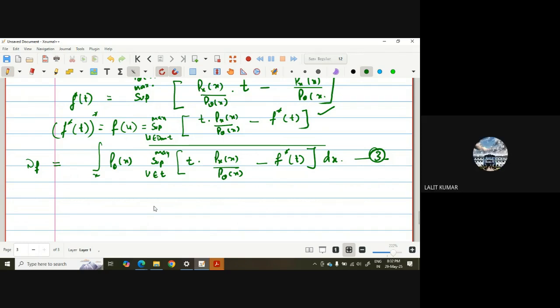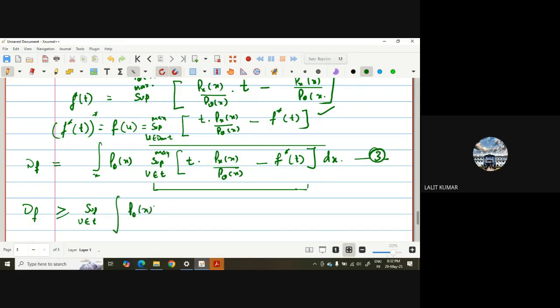Now, there is another property of the conjugates: the conjugate of the conjugate is always greater than or equal to the first one. So this can be written as Df greater than or equal to, and you take the max and sup outside. So this will become sup over u belonging to T of p theta of x.